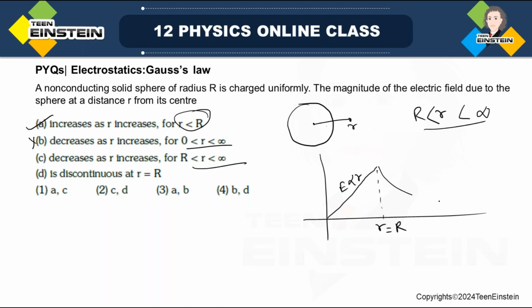The variation will be 1 by r square, like this. So E is decreasing outside the sphere. So C also will be a correct answer. And the option that E is discontinuous at r equal to R is also not true. Okay, so A and C will be the correct answers for this question, the first option.